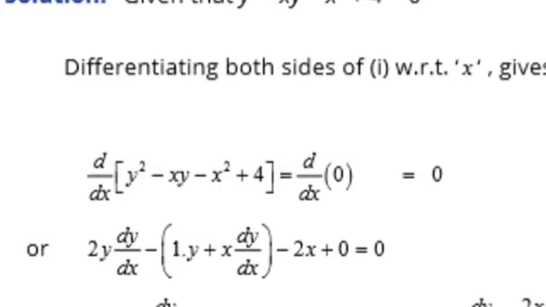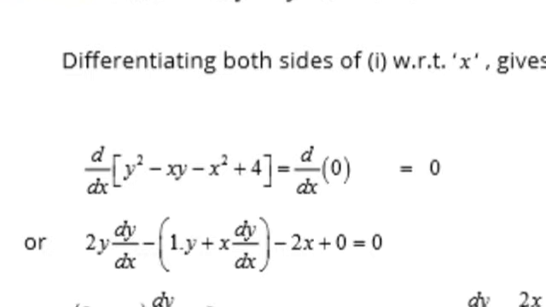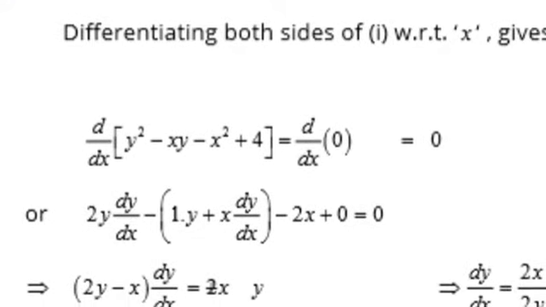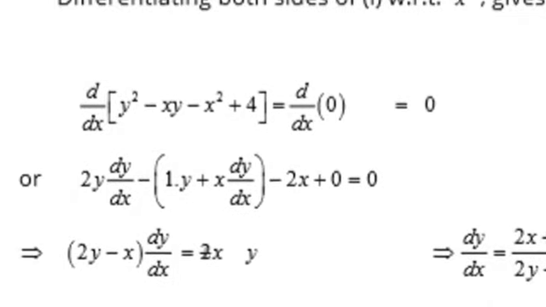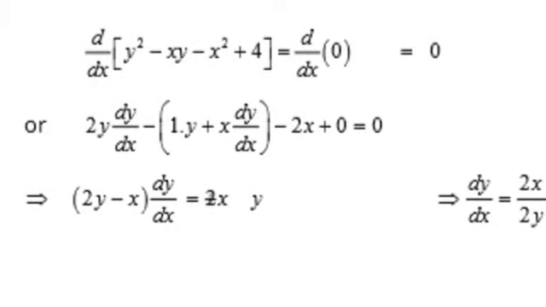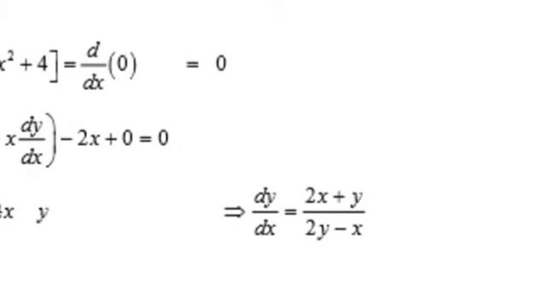Here the derivative of x is 1, y is the same, plus x is the same, and the derivative of y is dy by dx. The next term is x square, its derivative is 2x, the derivative of 4 is 0, and from here we find the value of dy by dx.